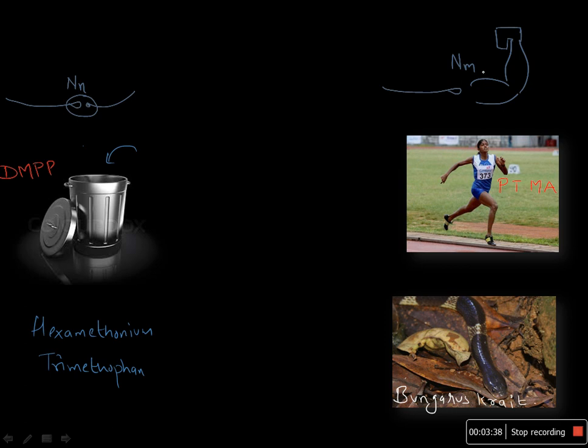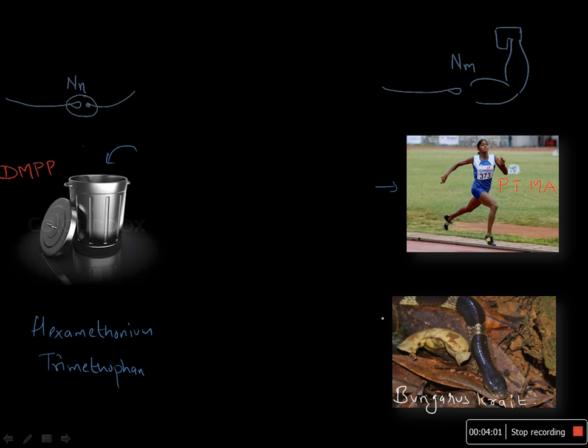To remember the NM receptor agonist, you can remember PT Usha or PT Ma, and she has got some muscles, so that you can easily remember the NM junction agonist. PT Ma stands for phenyl trimethyl ammonium. This is the agonist for the NM junction.